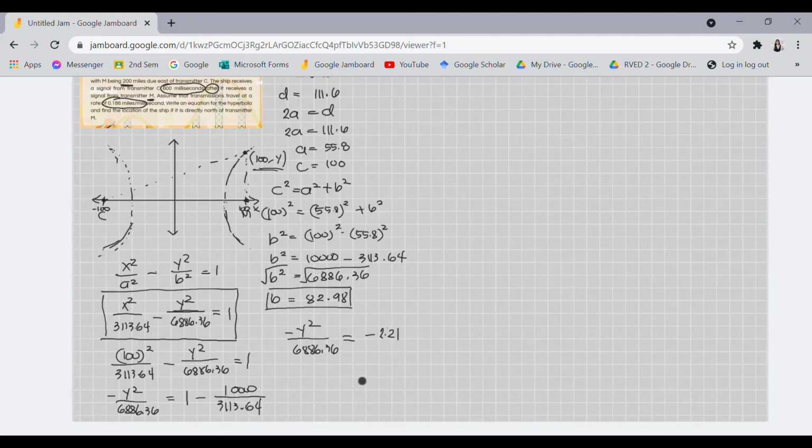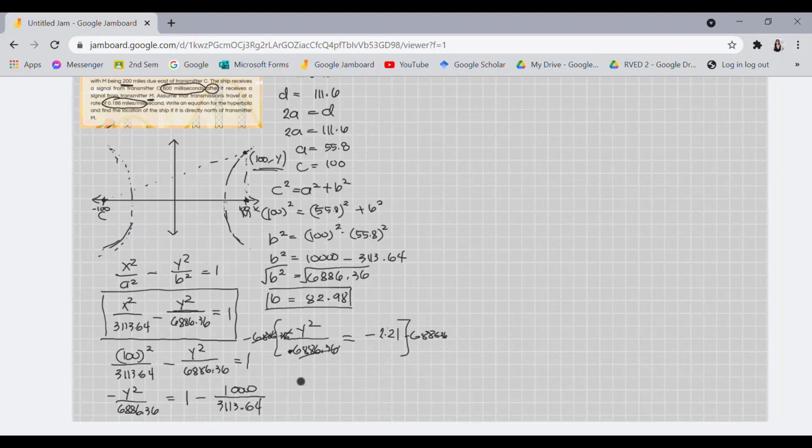Okay? And then, we multiply both sides by 6,886.36. Makakancel siya. Isama na din natin yung negative sign. So, multiply natin siya by negative. Okay? So, makakancel yung 6,886.36 pati yung negative sign natin.